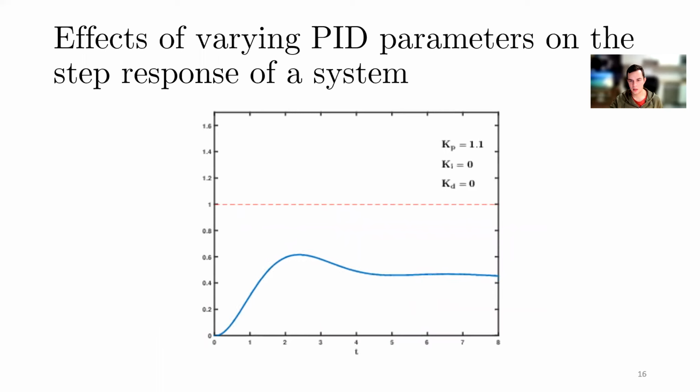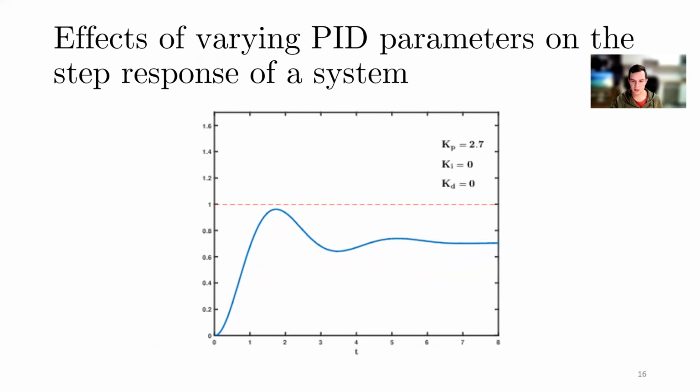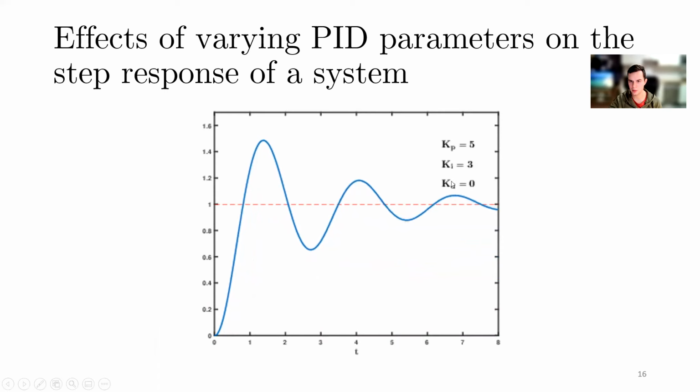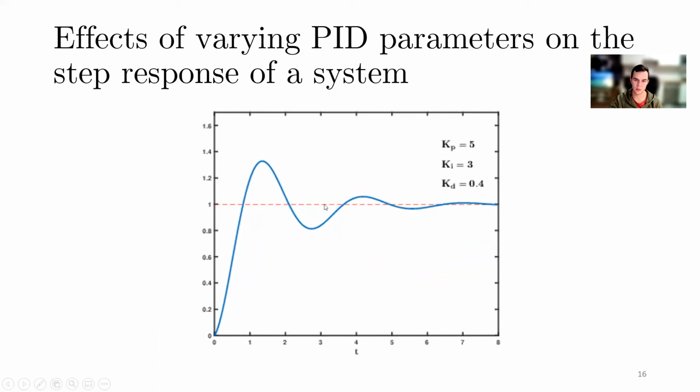And here you can see the effect of changing the coefficients. So first of all, here we can see how we increase the P component, then the I component, and to kill all the oscillation, we increase the D component, right?